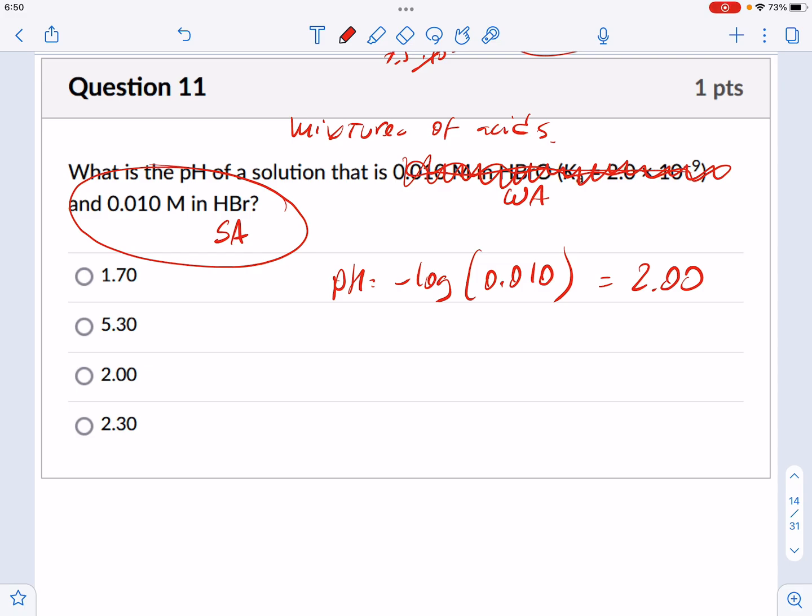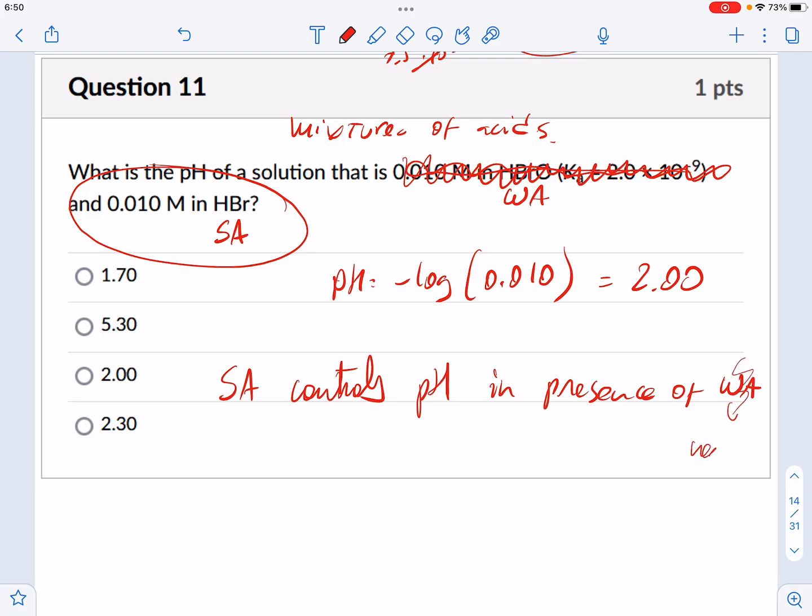Okay? So once again, the strong acid controls pH in presence of a weak acid. Okay, so this is negligible contribution. Okay, so your pH is 2.0.